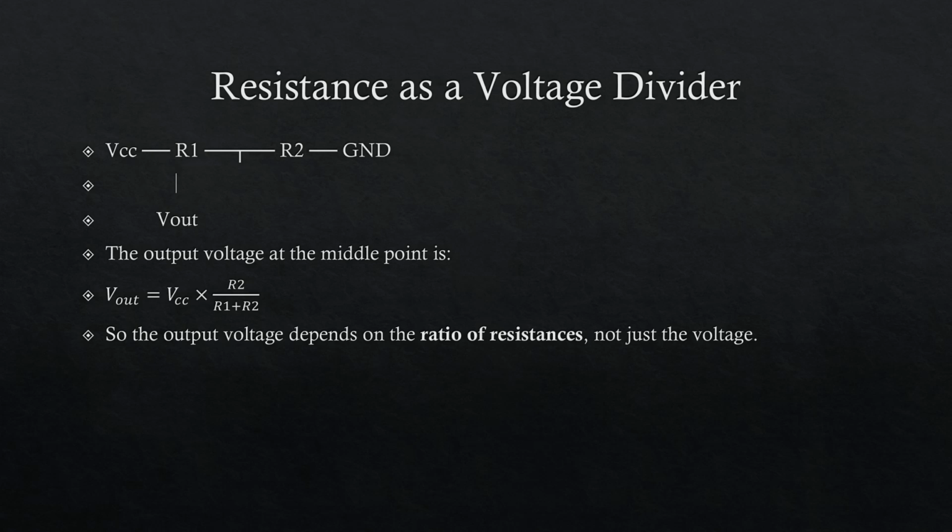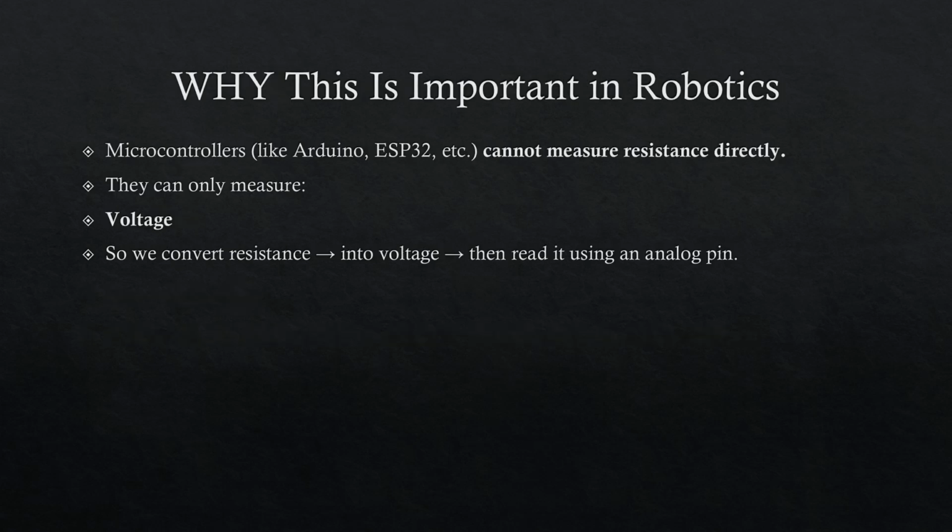The formula of output voltage will be equal to VCC into R2 divided by R1 plus R2. In this case, the output voltage depends on the ratio of the resistances, not the input voltage only. How this is important, we'll see in the next slide.